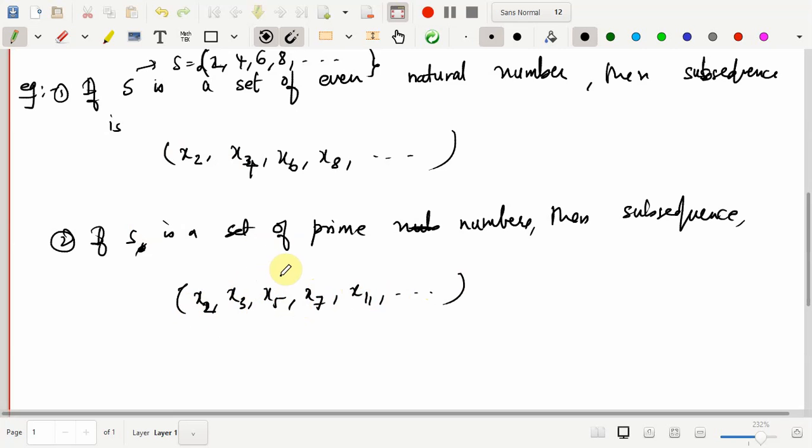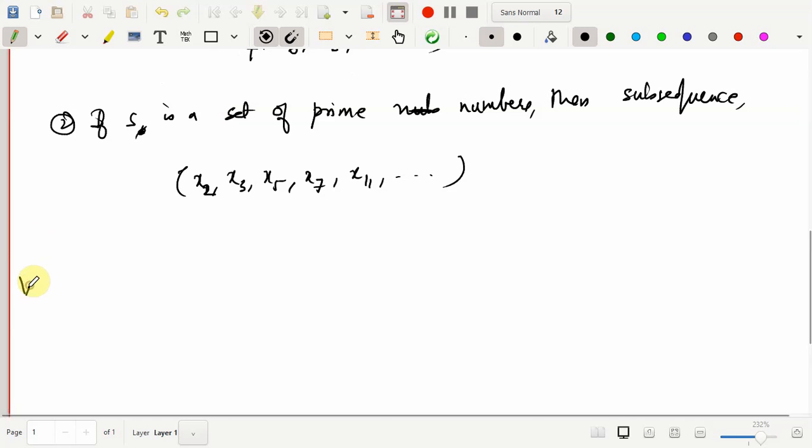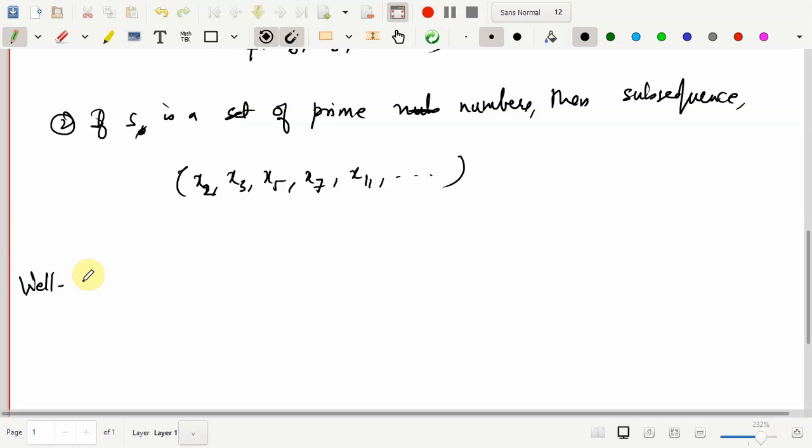of the given sequence. So how can we formulate it, or how can we put it in a simple notation, using the given notation of the sequence? Before that, there are certain axioms which I'll be mentioning. The first one is called the well ordering principle.